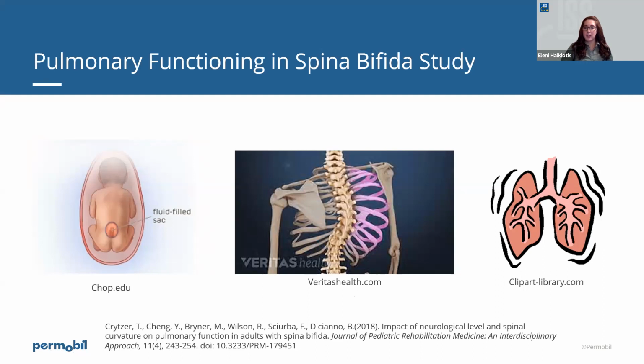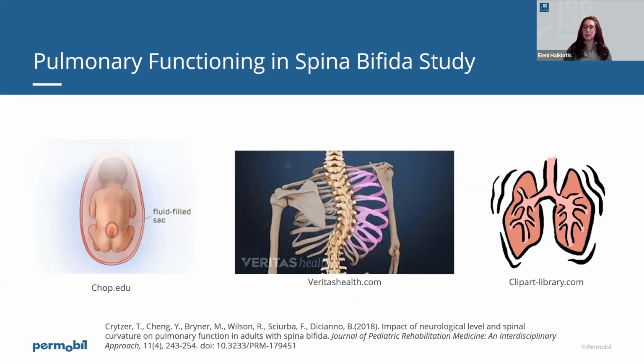Spina bifida, as many of you on the call know, is a diagnosis that during embryogenesis causes a lesion, usually a lesion related to incomplete closure of the neural tube. In this particular study, the population of people with spina bifida had lesions in their thoracic or lumbosacral regions.